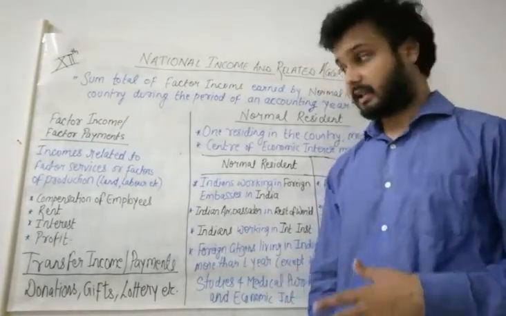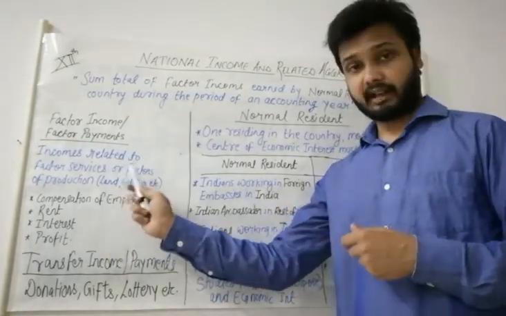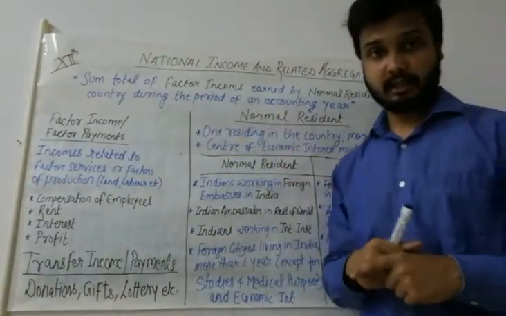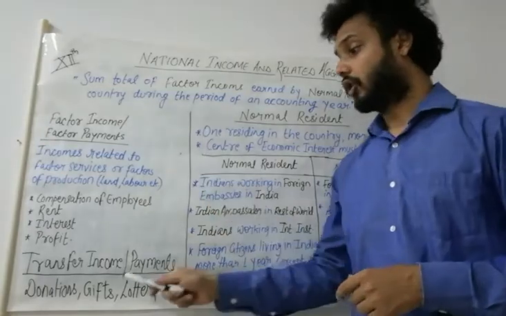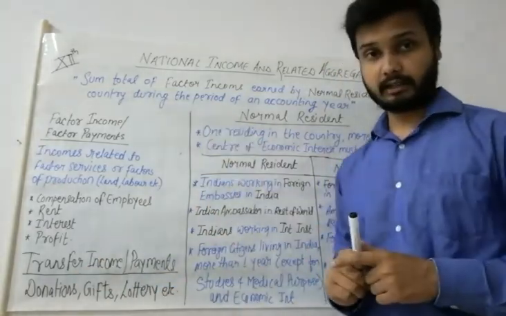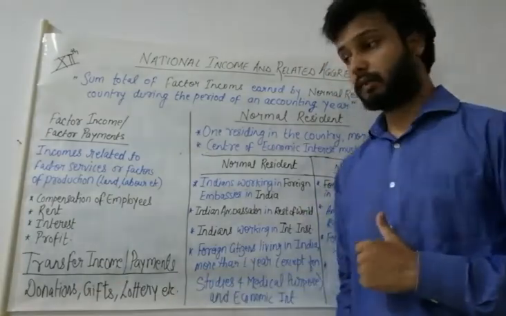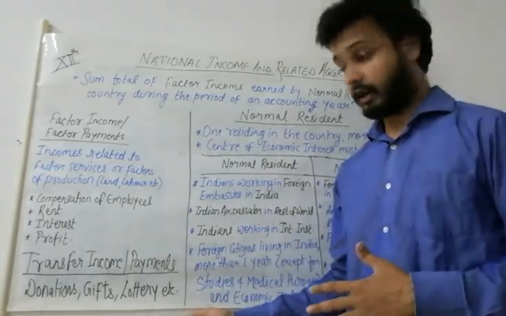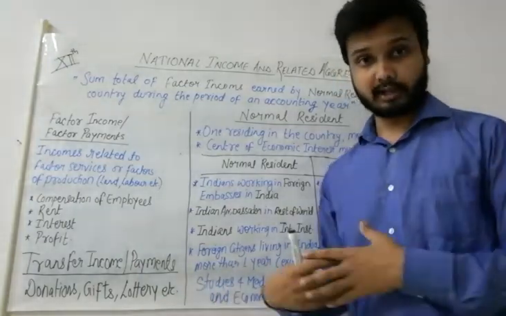And always remember that whichever factor income is there, only this is included in the national income. We do not include transfer income in the calculation of national income. What are transfer income or payments? These are donations, gifts, or any money we receive through lotteries.